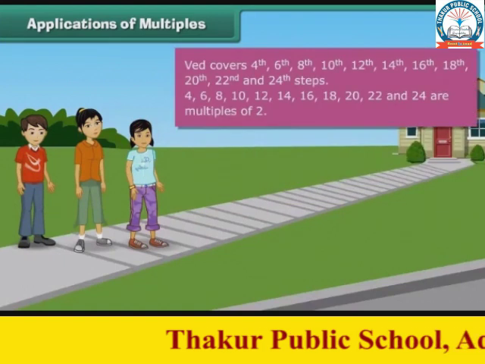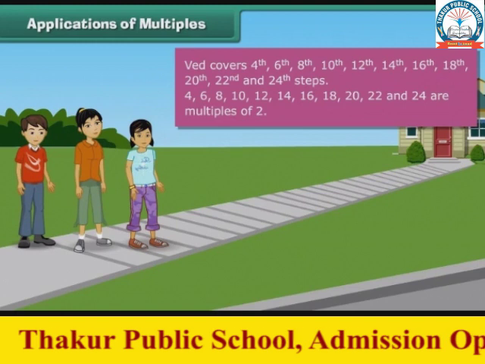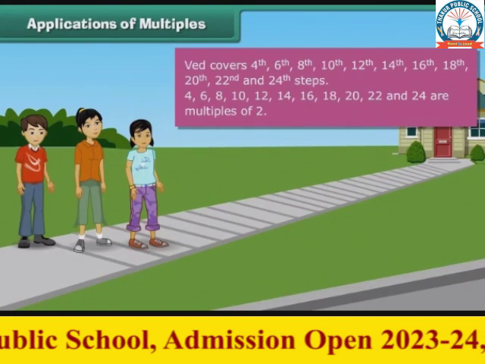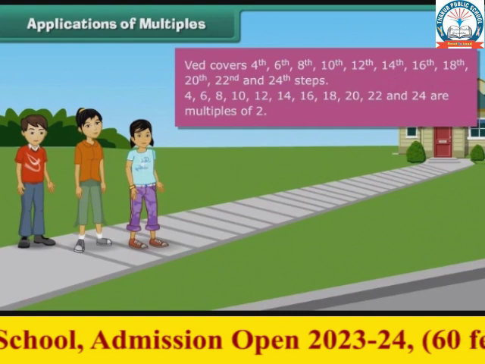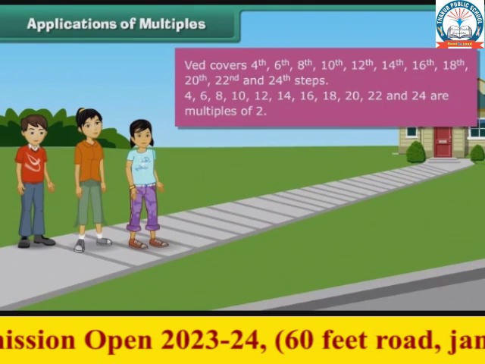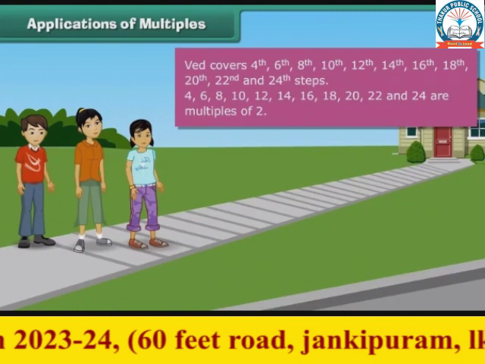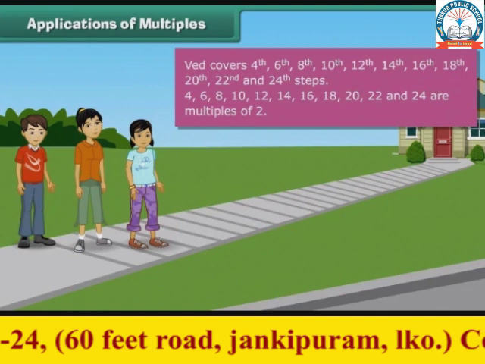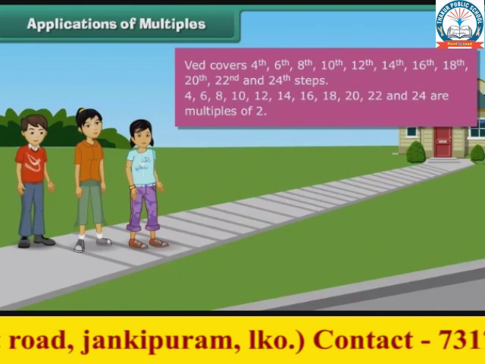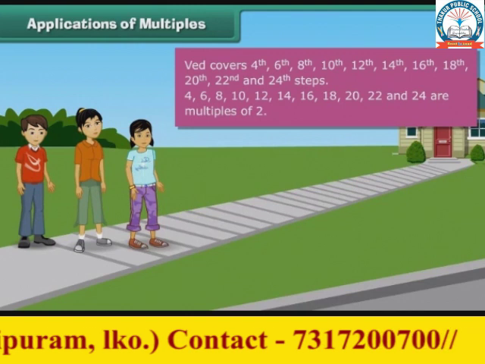Ved covers 4th, 6th, 8th, 10th, 12th, 14th, 16th, 18th, 20th, 22nd and 24th steps. 4, 6, 8, 10, 12, 14, 16, 18, 20, 22 and 24 are multiples of 2.